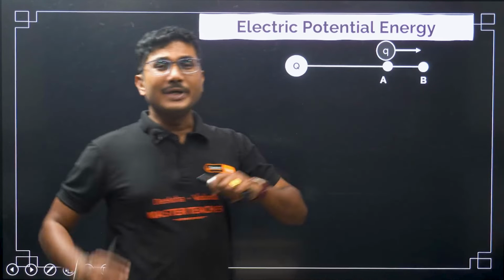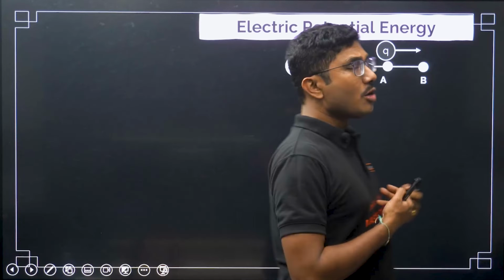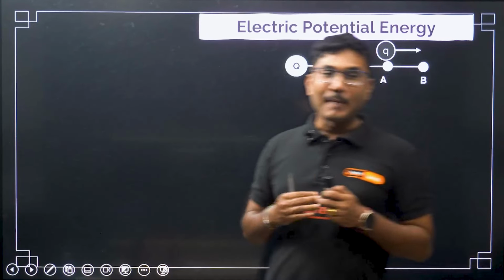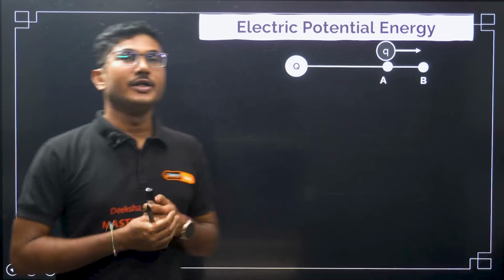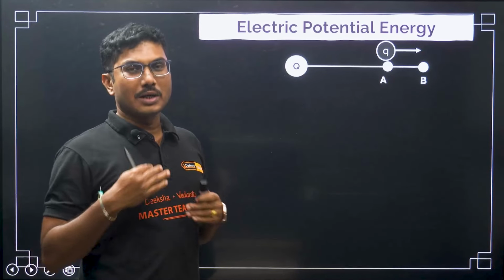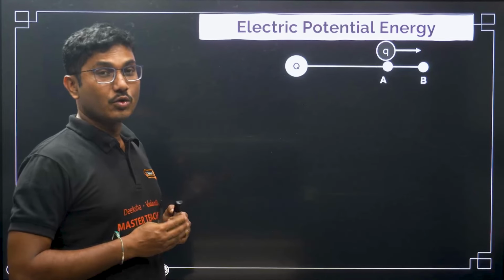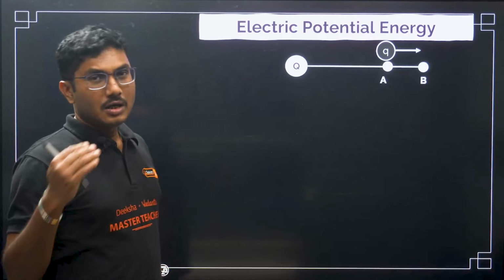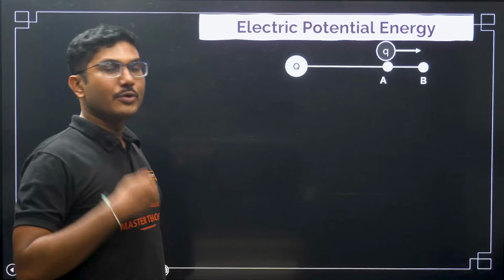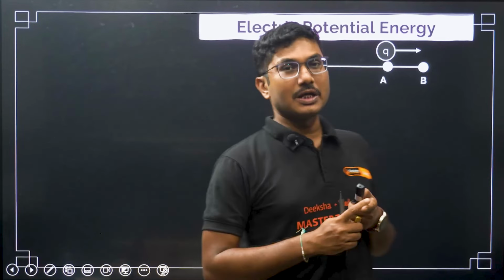So what is the meaning of potential energy? The basic definition of potential energy is the same as what you have learned in your class 11th, that is work done when you do some work in some conservative field. The energy that is stored in the object is basically the potential energy. Whenever you are doing some work in a conservative field, very important, the force must be conservative.